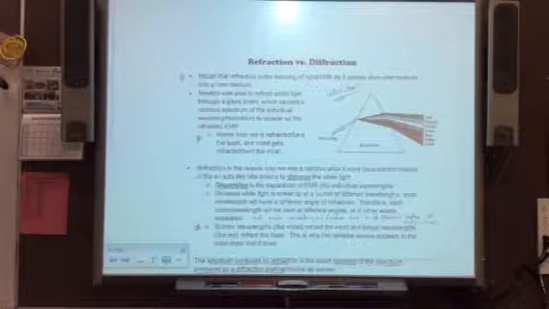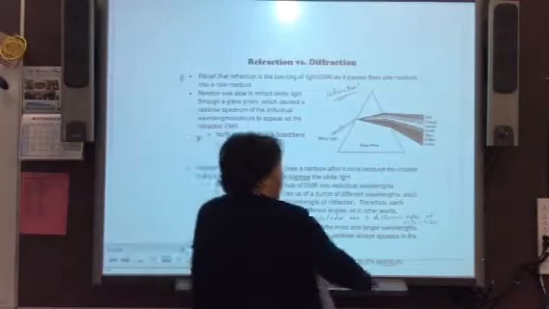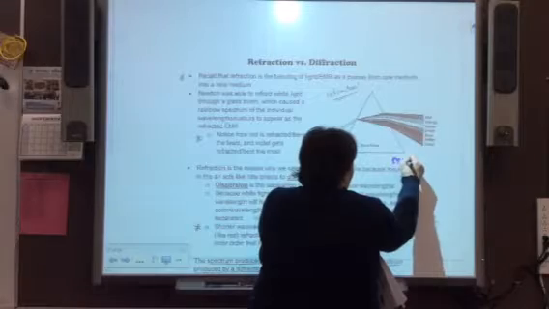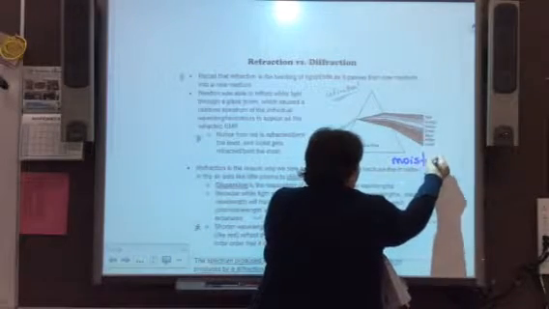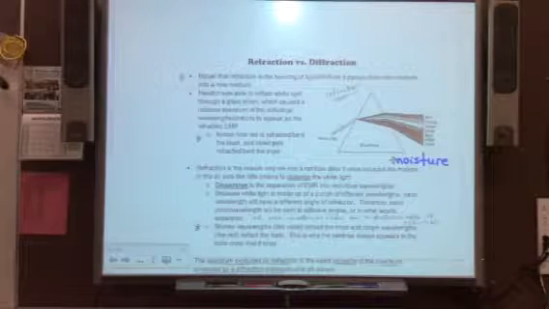So refraction explains our rainbows, and it's the moisture in the air that acts like prisms.